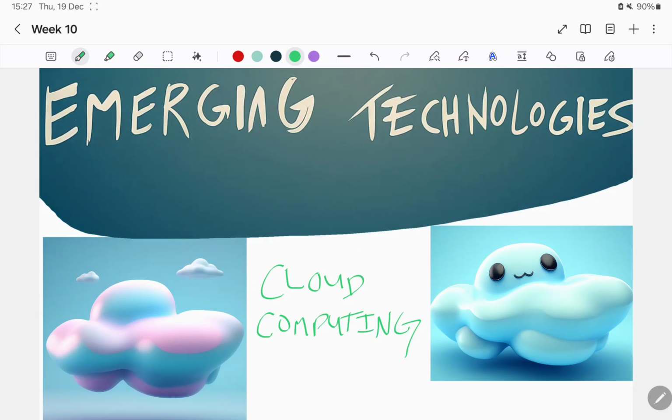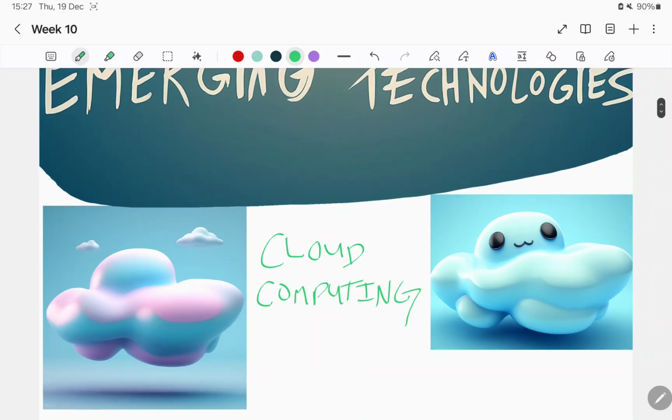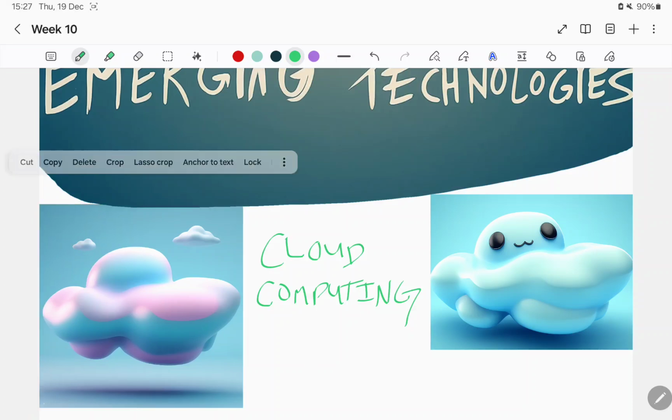Okay, cloud computing over here is basically a new, not really new, all right? We actually found this cloud computing back then in 2010. All right, now it's already 14 years, right?